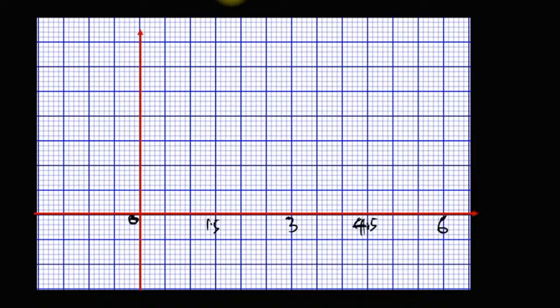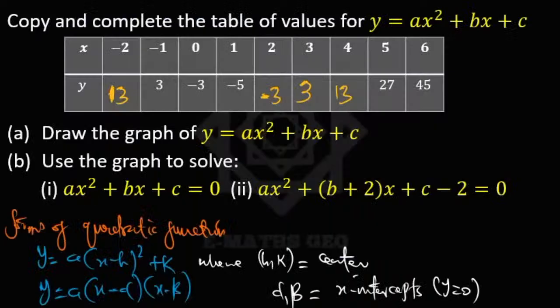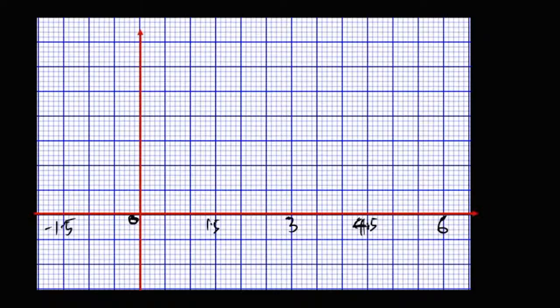This is 1.5, that's minus. For y, since the maximum is 45, I'll count 1, 2, 3, this is 20, 1, 2, 3, this is 40, so this is -20 down here.